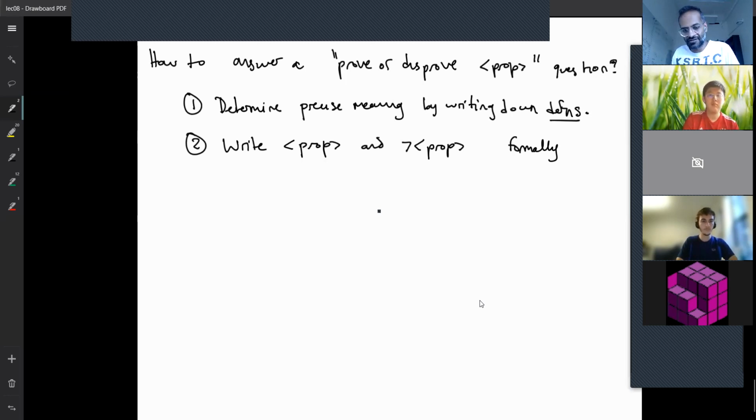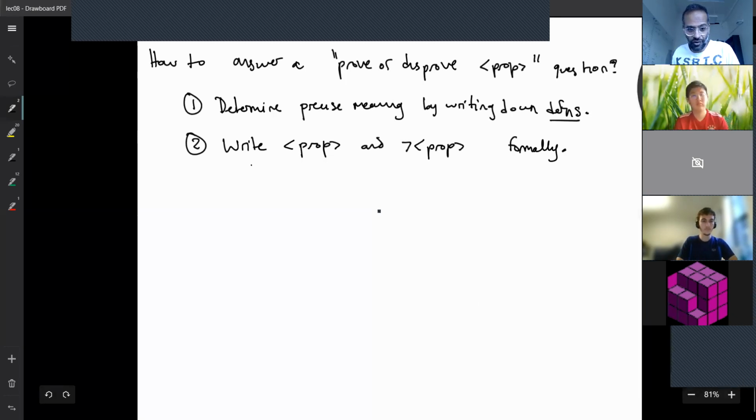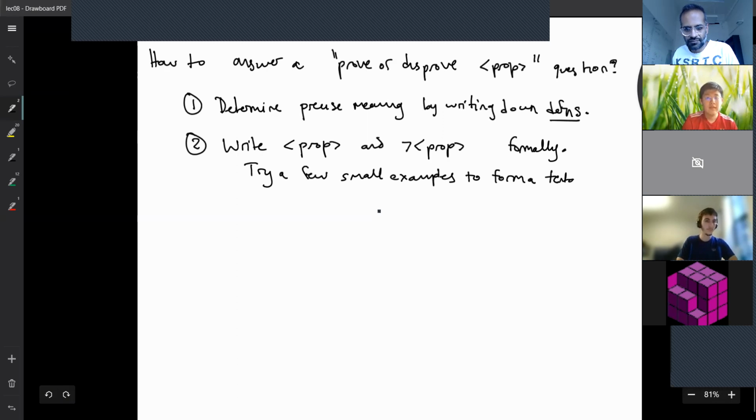So write down this proposition and its negation formally. And then you have to form a belief about whether it's true or false. So maybe try a few small examples to form a tentative belief in either the proposition or its negation.